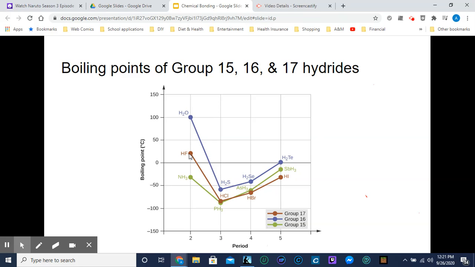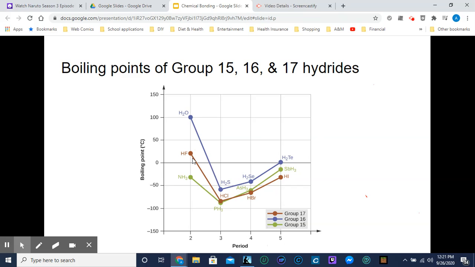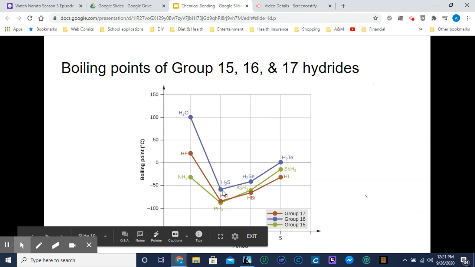Same thing with fluorine. Fluorine has a much higher boiling point compared to the other halogen hydrides, such as hydrogen chloride, hydrogen bromide, and hydrogen iodide. And then water has a much higher boiling point than any of the other pairs in group 16. And that is because these three are going to exhibit hydrogen bonding.